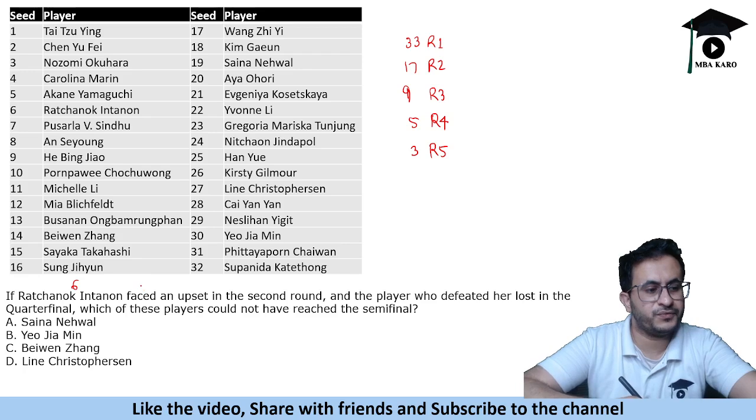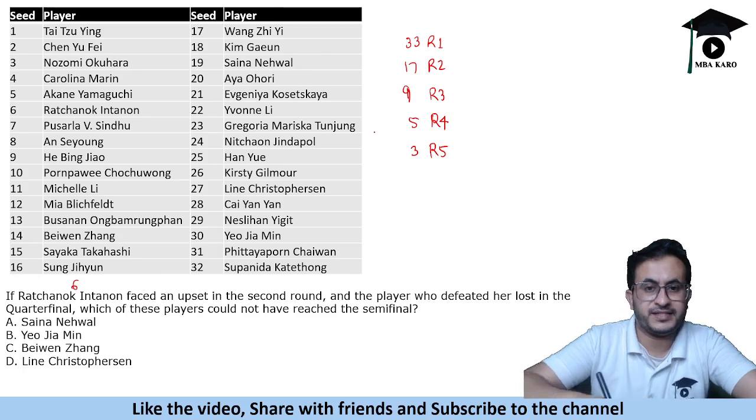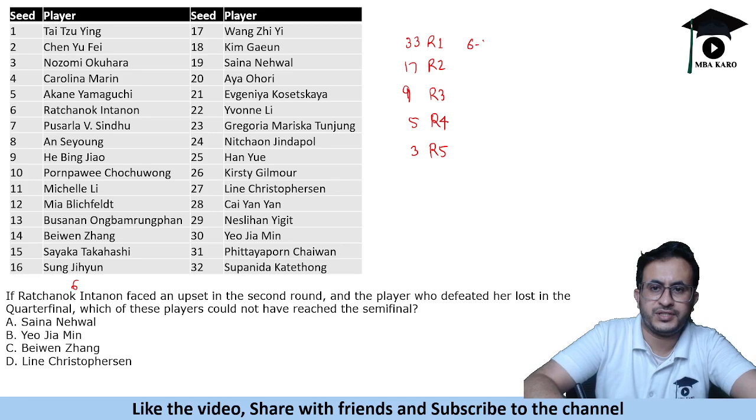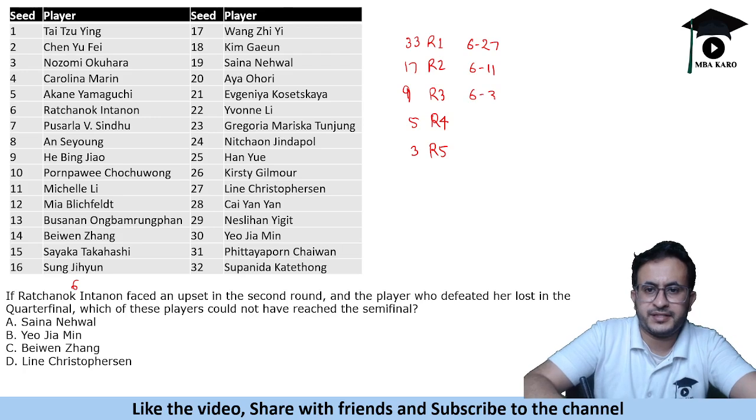If you look at the first one, it says that she faced an upset in the second round. So first is 6 versus 27. Then it will be 6 versus 11, right? And the ideal trajectory is 6 versus 3, and then 2 versus 3 and 1 versus 2, right?